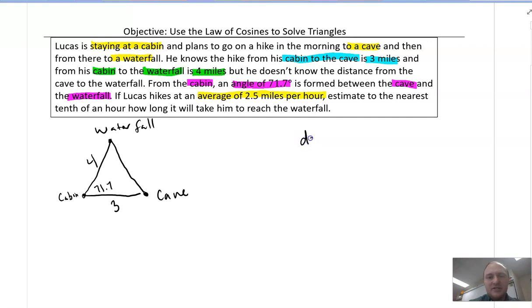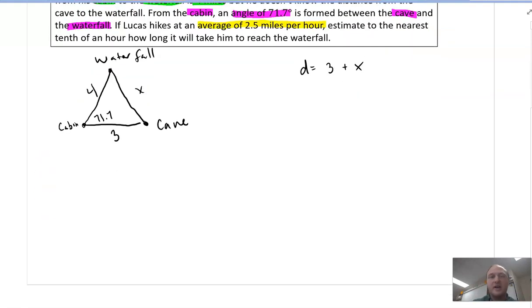His total distance is going to be equal to the 3 miles plus the distance of this side, which I'll call x, so 3 plus x. Then we have to take into account his average speed. So let's find x. I want you to take a second, please pause the video. What formula are we going to use? What function?